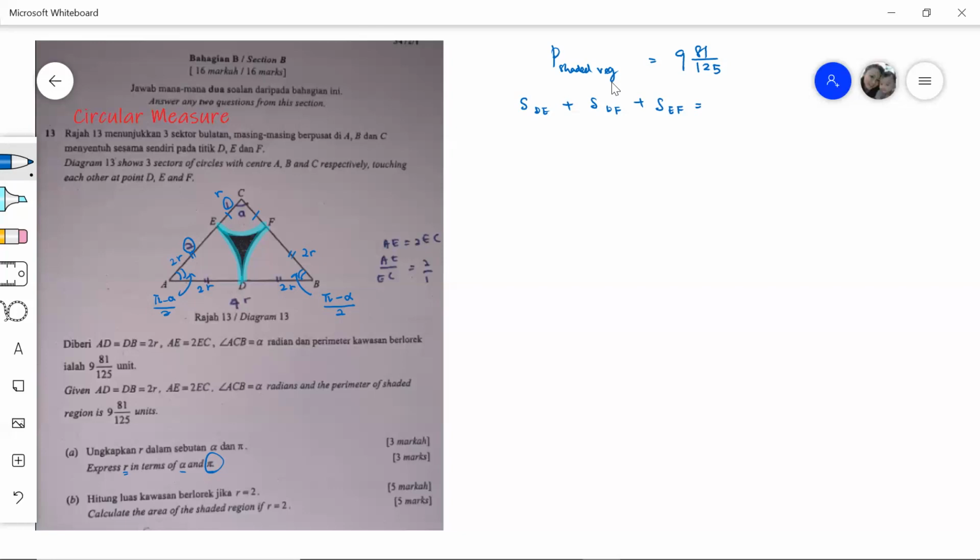So 9 and 81 over 125, when we change it to an improper fraction, will be 1,206 over 125.